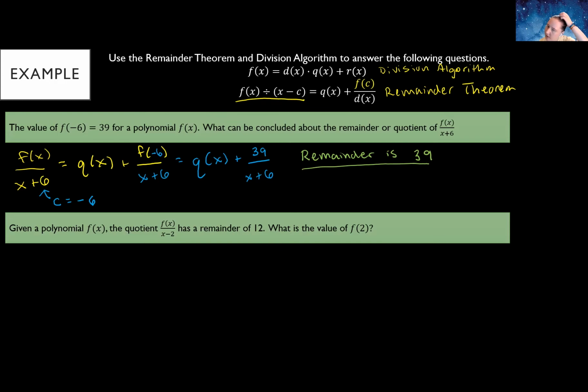The next one: given a polynomial f of x, the quotient f of x over x minus 2 has a remainder of 12. What is the value of f of 2? So this is, again, looking at our remainder theorem. In this case, when it says the quotient f of x over x minus 2, that does not mean q of x.